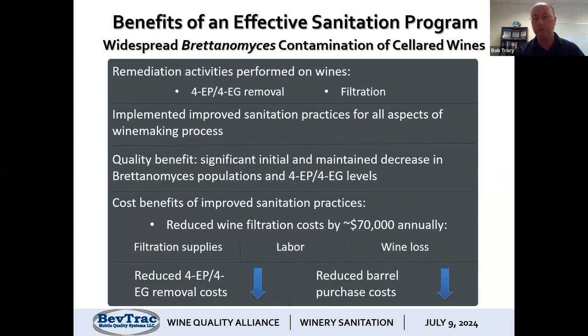So they probably saved $100,000 to $150,000 annually just by implementing improved sanitation practices where they didn't have to deal with Brettanomyces. So this is a real world example of, yes, if you do improve sanitation practices, you will reduce the cost of your process.